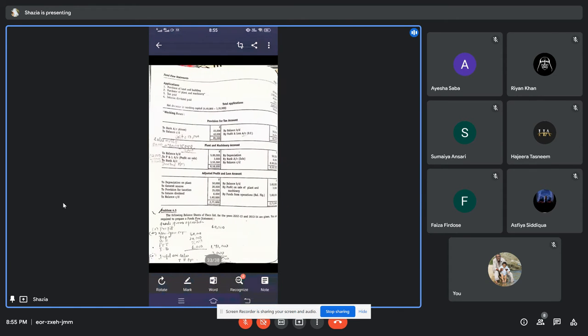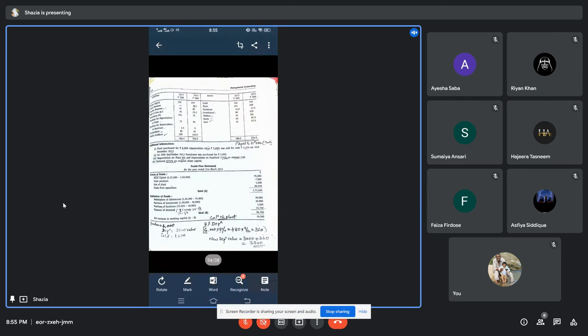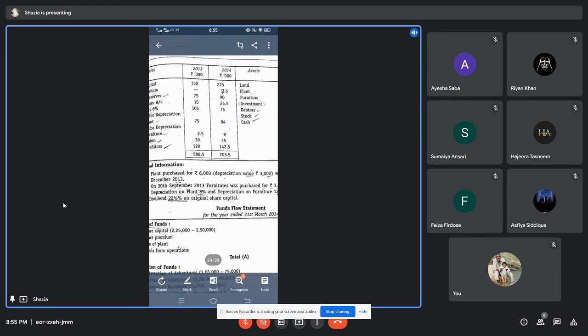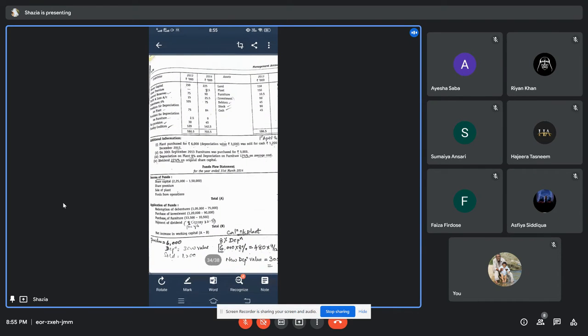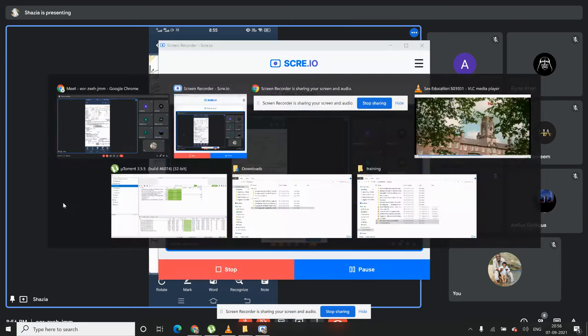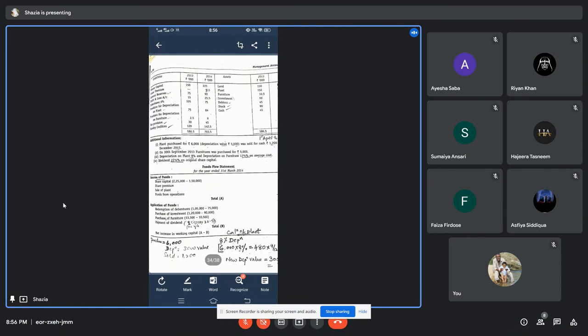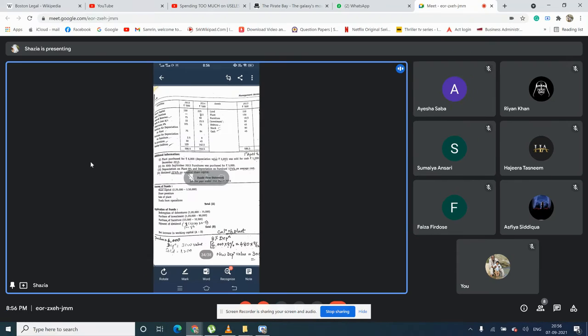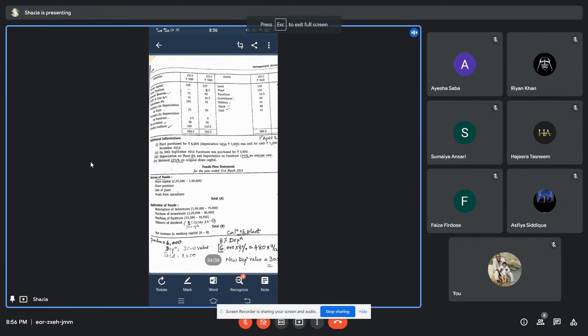So now, what do we have here? We have different liabilities: share capital, share premium. Here is a new adjustment. Share premium, general reserves. It is actually given in thousands, but here the numbering is given like this. Then we have profit and loss account, then debenture 6%, 15,000, 25,500. Sorry, 1,05,000 and 75,000. Then provision for depreciation on plant.